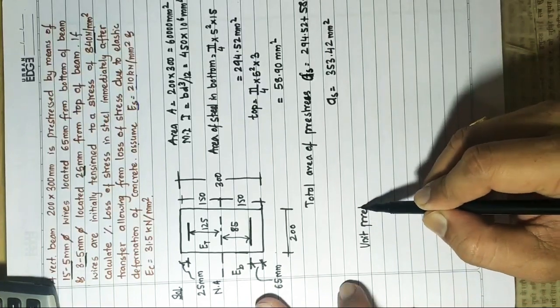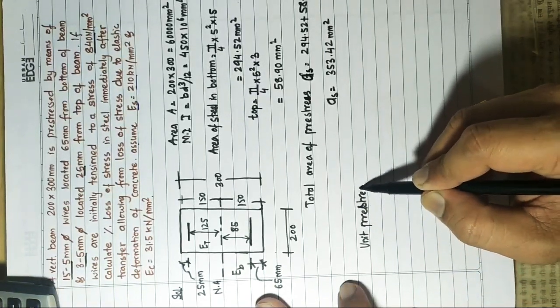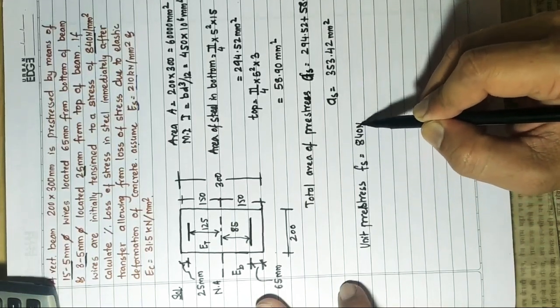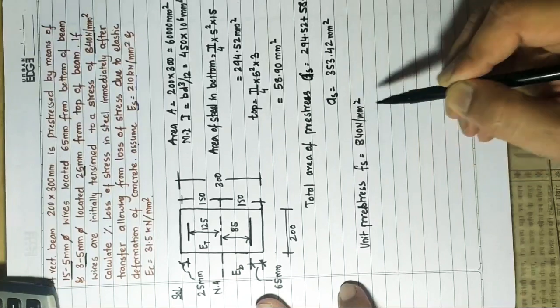Unit pre-stress given in the question, Fs, is 840 Newton per mm square.